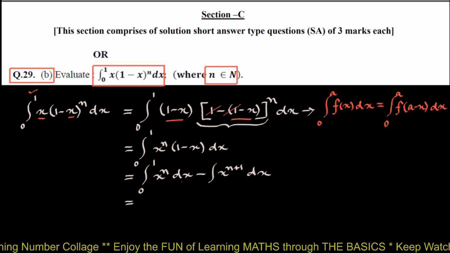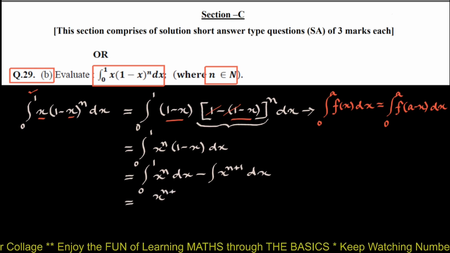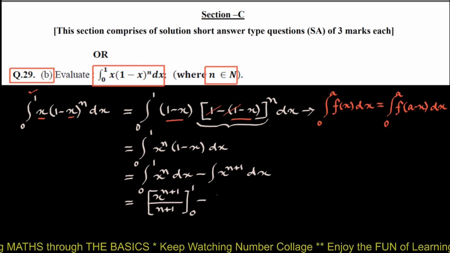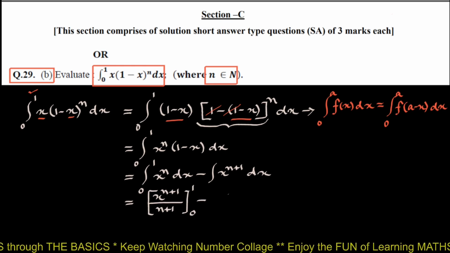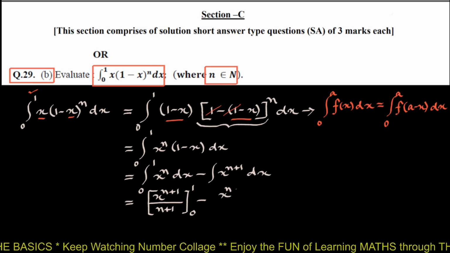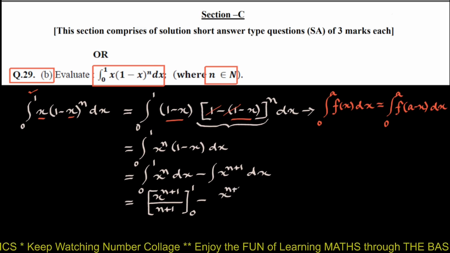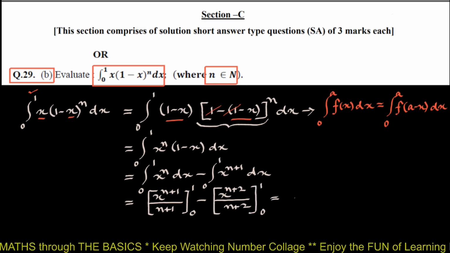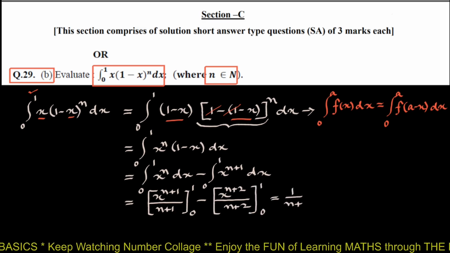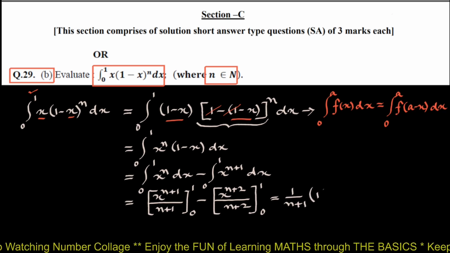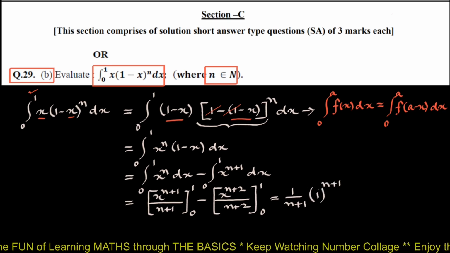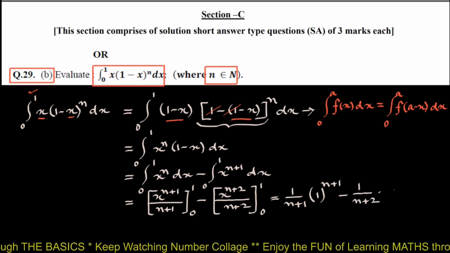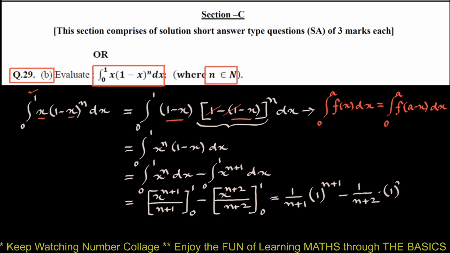Integral of x raised to n is x raised to n plus 1 upon n plus 1 from limits 0 to 1, minus integral of x raised to n plus 1 is x raised to n plus 2 upon n plus 2 from limits 0 to 1, which will be 1 upon n plus 1 into 1 raised to n plus 1 minus 0, minus 1 upon n plus 2 into 1 raised to n plus 2 minus 0.